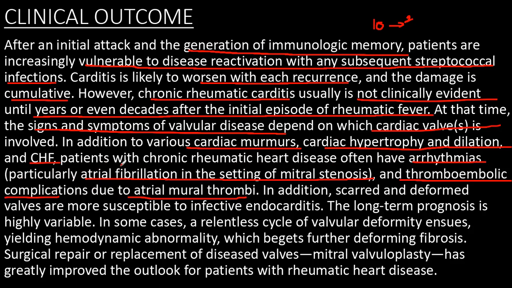Remember, when you have atrial fibrillation and also mitral stenosis, there will be mitral regurgitation, the atrium will undergo dilation, and the combination of atrial fibrillation and mitral regurgitation will lead to increased volumes of blood within the atrium, especially the left atrium, and these forms are a fertile substrate for the formation of mural thrombi.